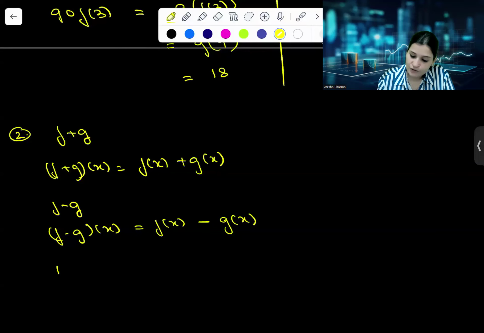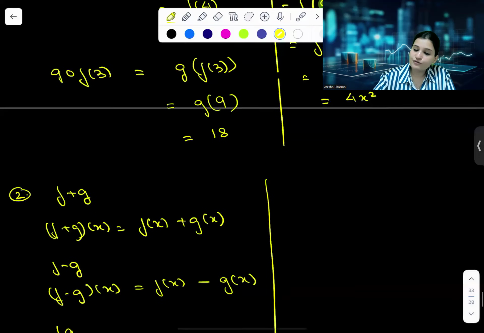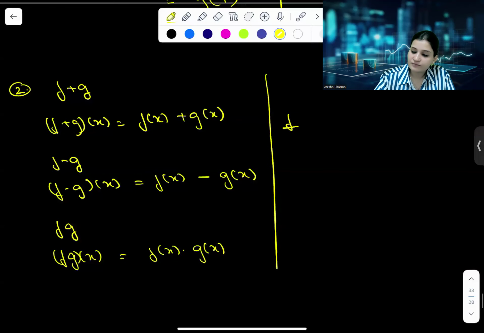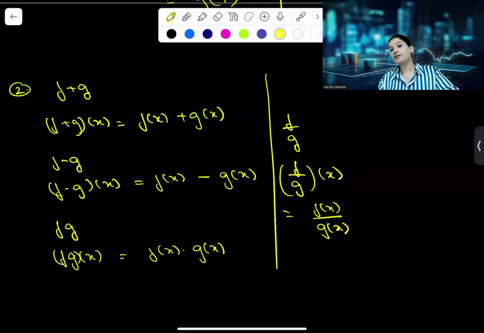If I ask you to calculate fg, that means fg of x, which is f of x into g of x. If I ask you to find f by g, that means f by g of x, which is fx by gx. So if I ask you to find out a function, you have to apply x on your own.